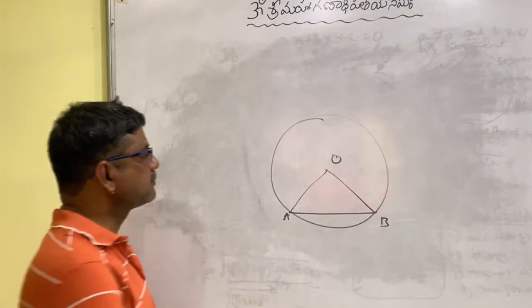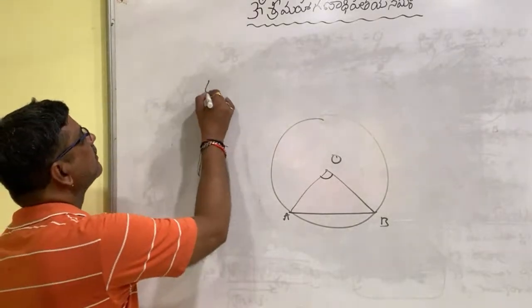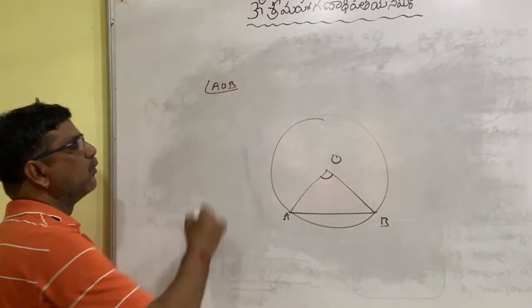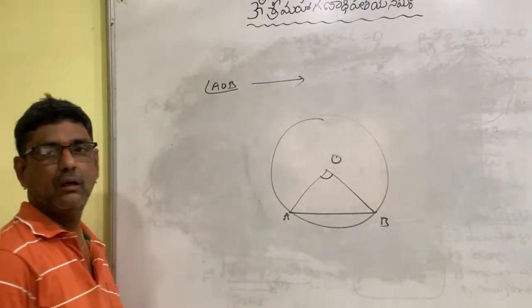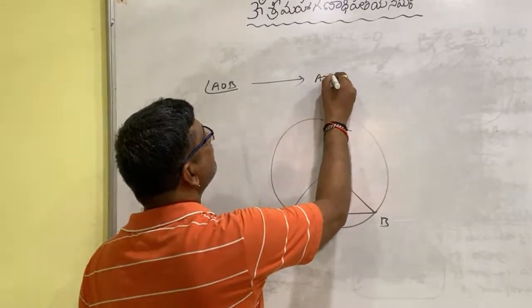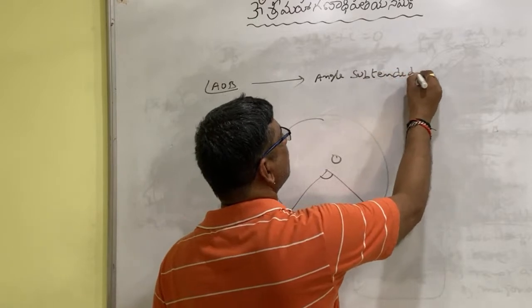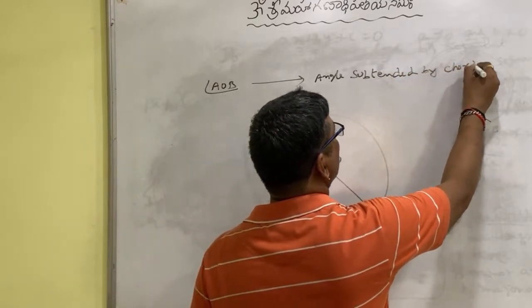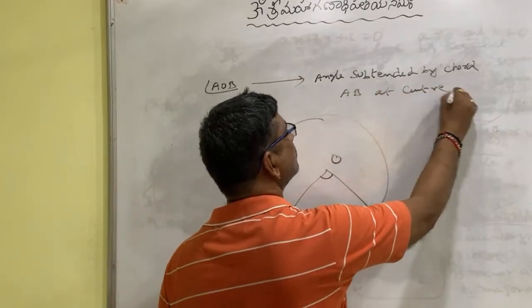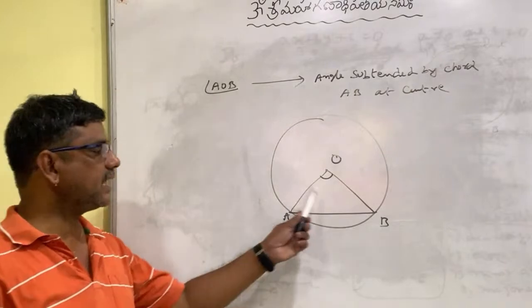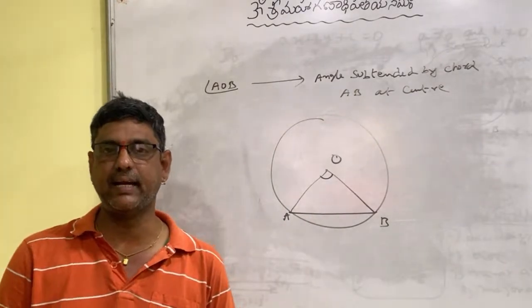Now, we can observe an angle over here, angle AOB. Children, what do you call this angle? Angle subtended by chord AB at center.